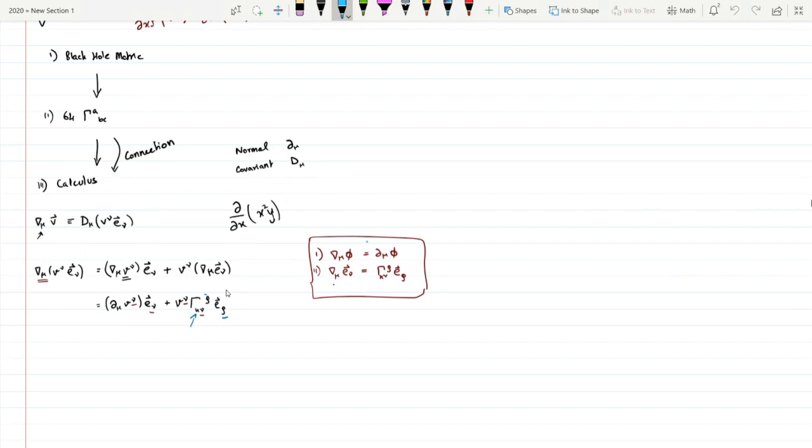So what we're going to do is take something common to simplify this further. But the problem I have right now is, take a look at this term. This is my basis vector here, and this is my basis vector here. Can you see they have different indices?